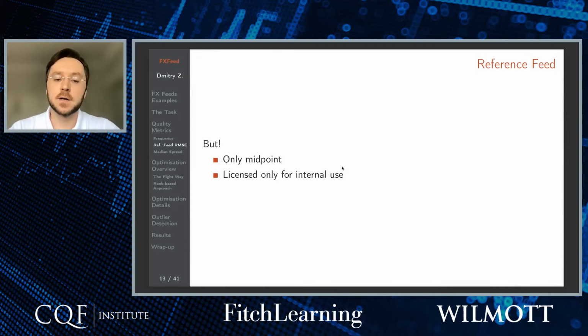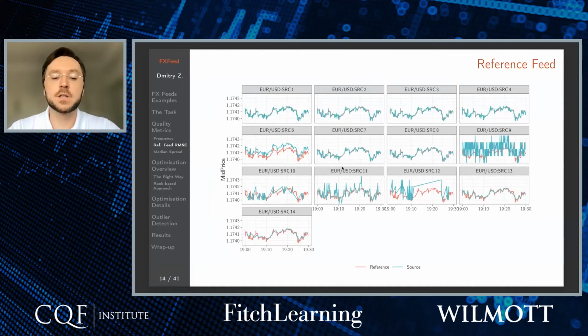The feed is licensed only for internal use, and quite frankly, it's a bit expensive. So we'd like to obtain a cheaper product. And for some currencies, it's not as frequent, and we would like to somehow increase the frequency of the composite feed. Here, just for your information, I overlay the mid price of the reference feed over the source feeds.